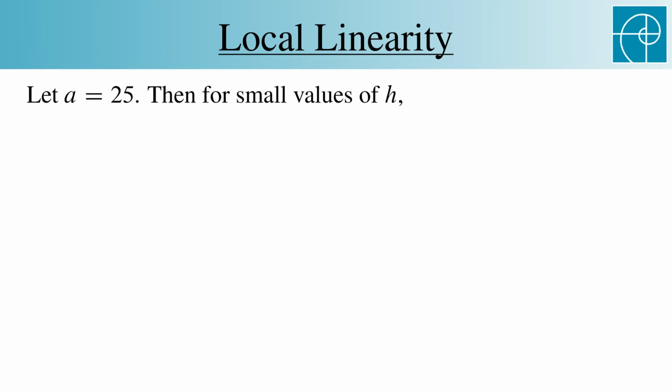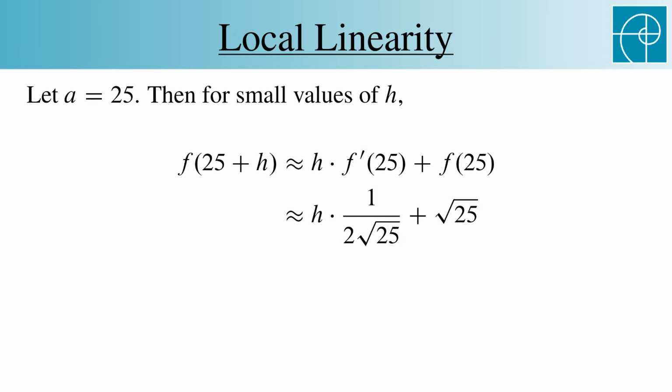Then for small values of h, f of 25 plus h is roughly h times f prime of 25 plus f of 25, which we can rewrite as h times 1 over 2 square root of 25 plus square root of 25. When we let h equal 1 and simplify, we get square root of 26 approximately 5.1. Of course, this estimation gets better as h gets smaller.